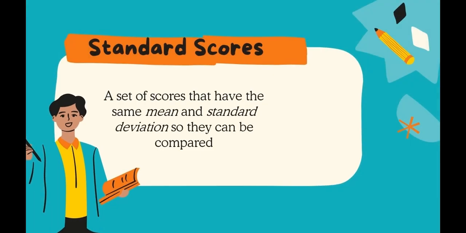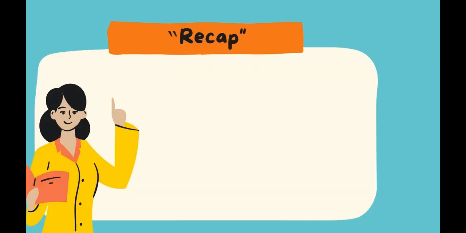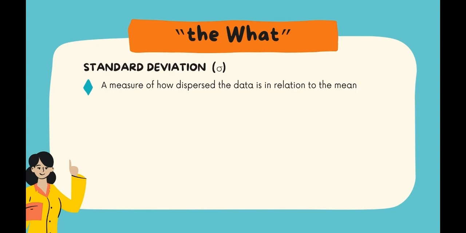So a standard score is a set of scores that have the same mean and standard deviation, so they can be compared. Let's do a short recap. The mean is the average of all the scores and is in the very center of the plotted graph of scores. Standard deviation is a measure of how dispersed the data is in relation to the mean.